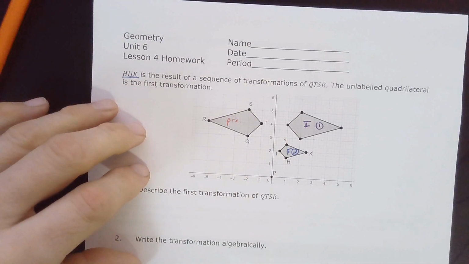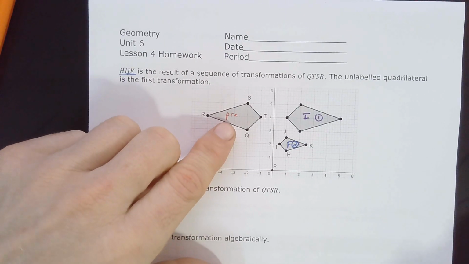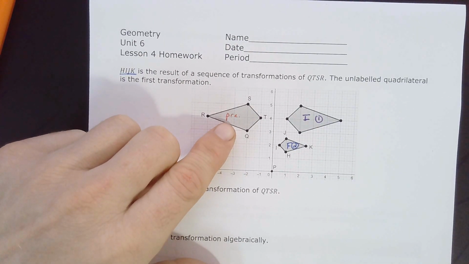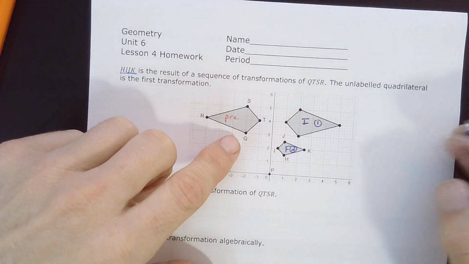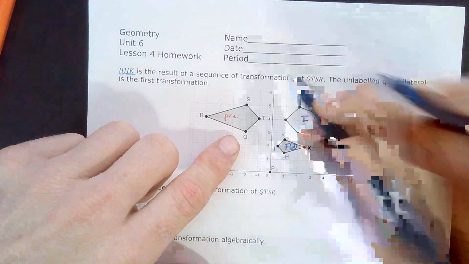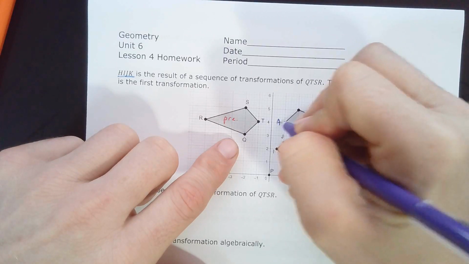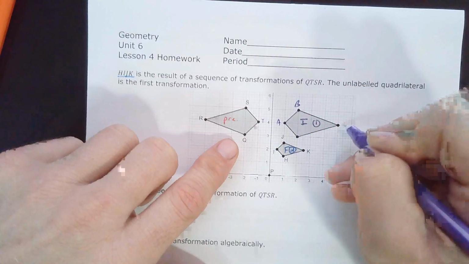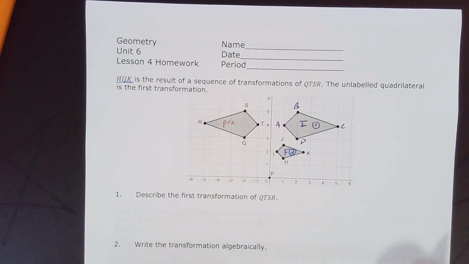We grab a point off of this axis. Let's just label these arbitrarily. I'm going to label this purple one A, B, C, and D, just to be able to mark it.